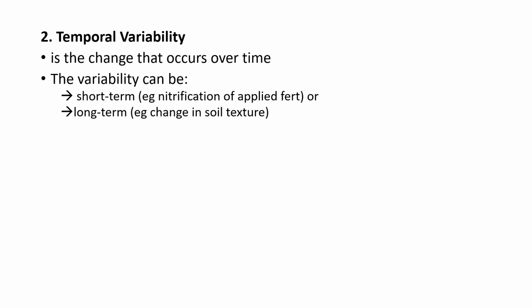Another type of variability is the temporal variability, which is the change that occurs over time. Now, the variability can be short-term, such as nitrification of applied fertilizers, or long-term, such as the change in soil texture. Now, the nitrification can last for maybe 3 weeks up to 4 weeks, for example.